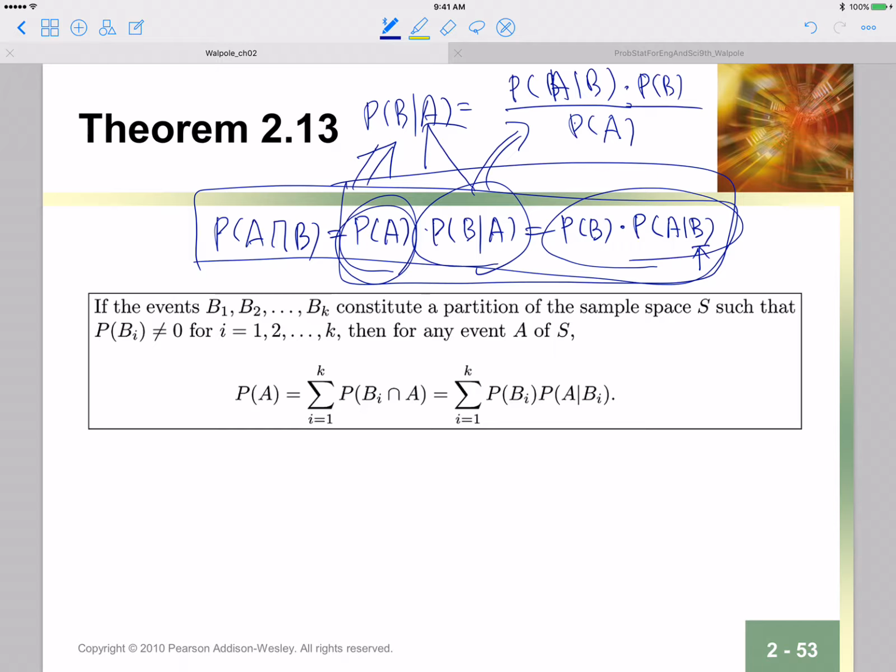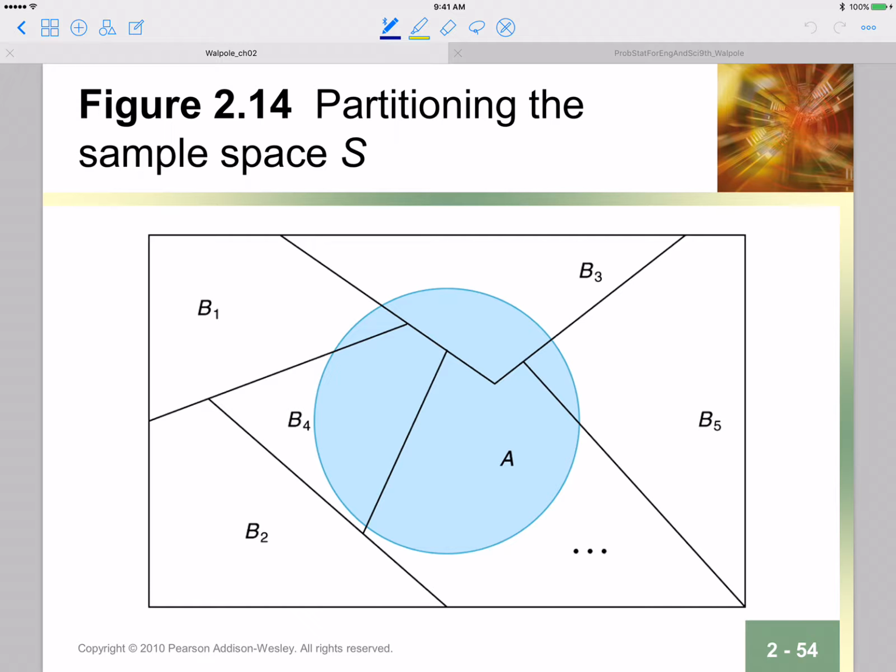This is not exactly the Bayes rule, but this is the most important point. Let's follow this theorem, which is slightly different from the Bayes rule. Here the situation is that B1 through BK are a partition of our entire space S. This figure illustrates the situation very well.